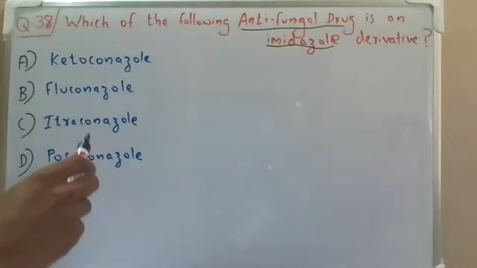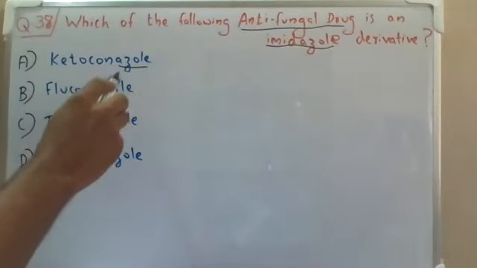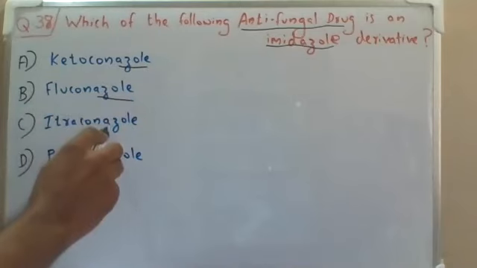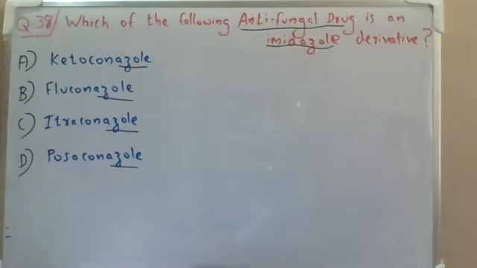If you look at the choices, all these drugs end with the name azole: ketoconazole, fluconazole, itraconazole, posaconazole. So what are these azoles?